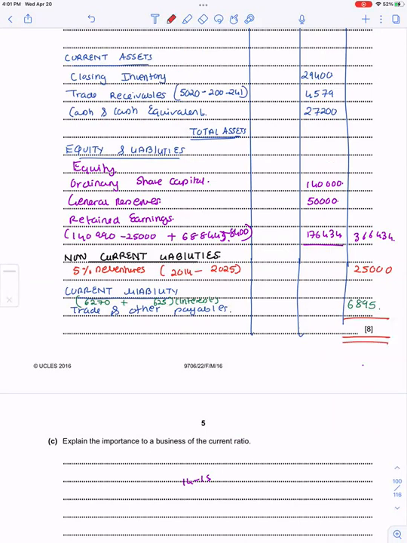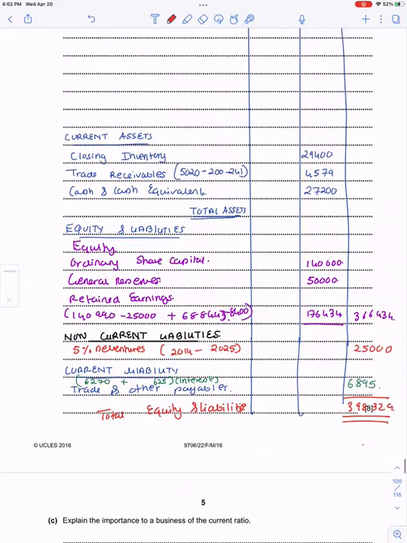So it is 366,434 plus 25,000 plus 6,895. So 398,329. You have to label this as total equities and liabilities.